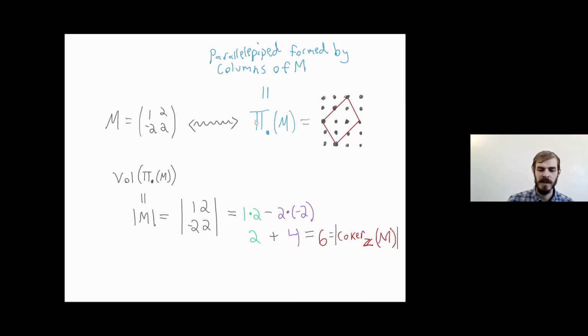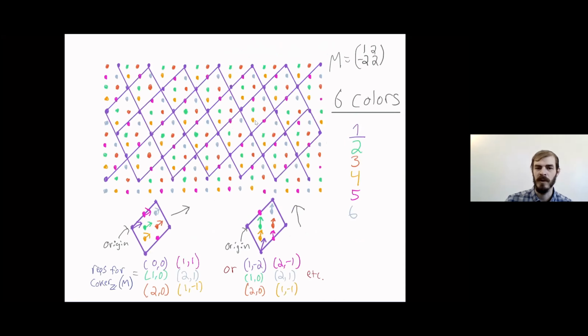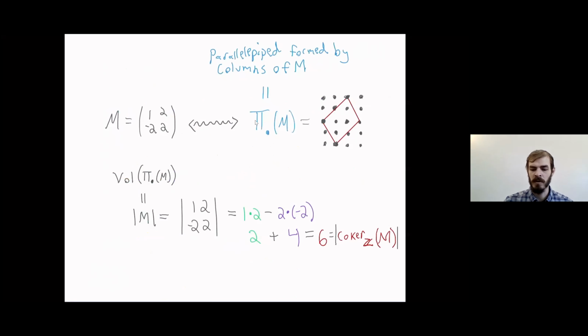And if we want to compute this determinant, we're going to get that it's the sum 2 plus 4, which is equal to 6. And in fact, this 6 was what we had before. There were 6 colors. 6 is the size of the co-kernel of M. And this is always going to be true, that the determinant of M is going to be the size of the co-kernel when M is a square integer matrix like this.